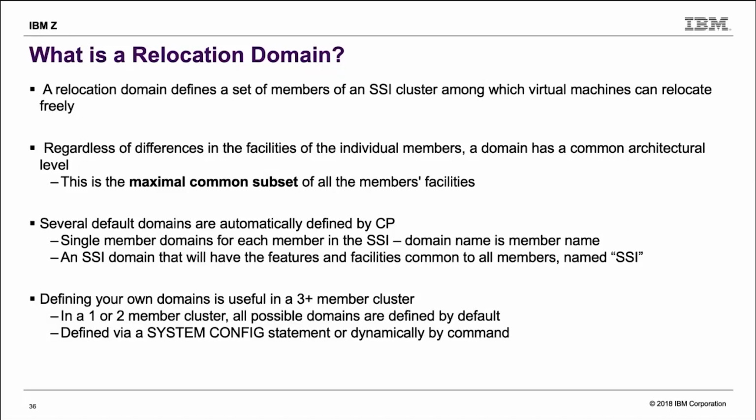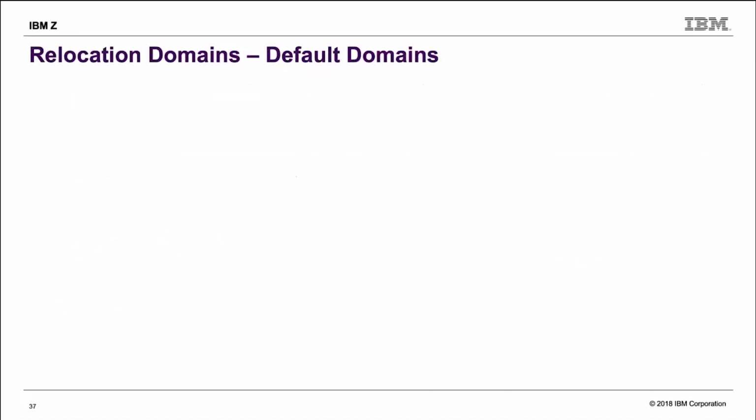Now, to actually create domains for yourself, we'll go through the commands you can use to do that, but there is a system config statement to do it when you come up, or by command if you want to define a domain on the fly. So let's walk through these domains and what they might look like. And then we'll also go through and define some different domains and why we might define some user domains ourselves.